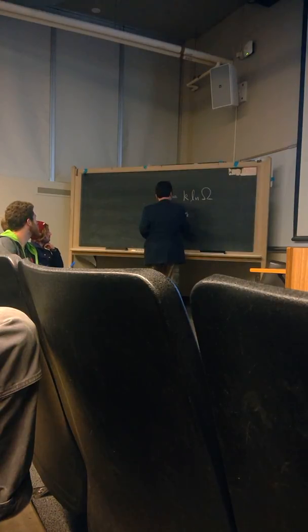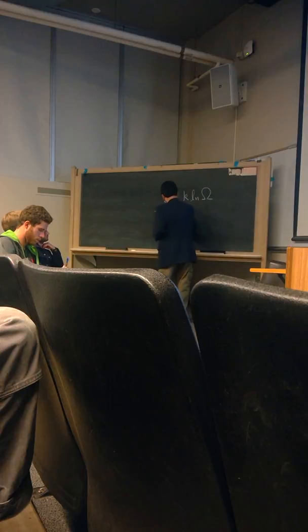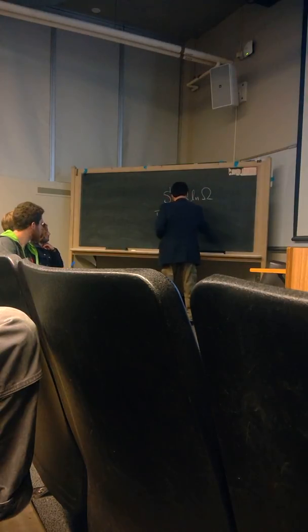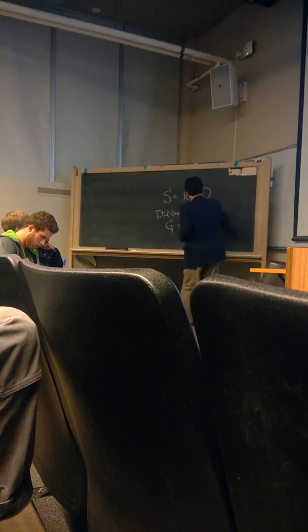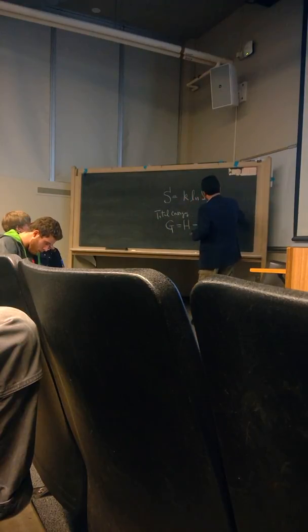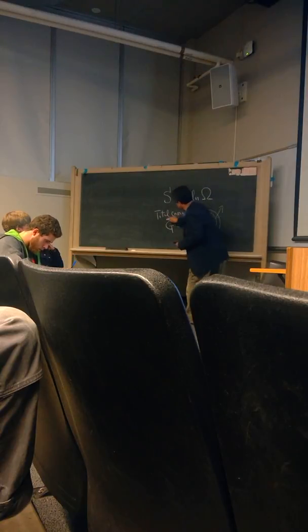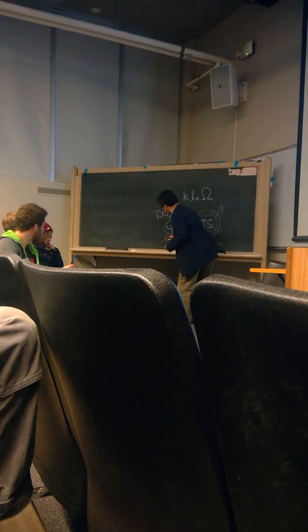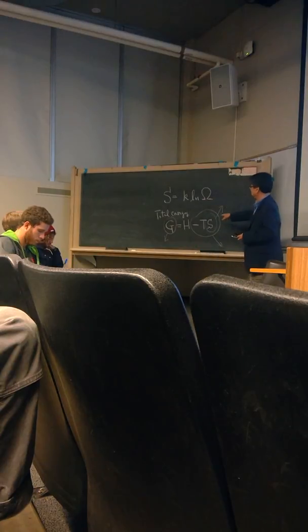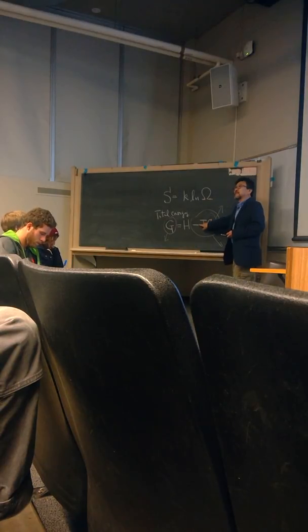Total energy is described by the Gibbs free energy, G equals H minus TS. So if S is increased, overall G is decreased. You see that? Because this minus sign is quite big in the formula.